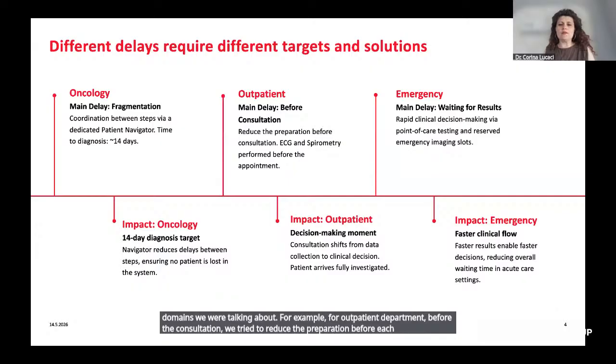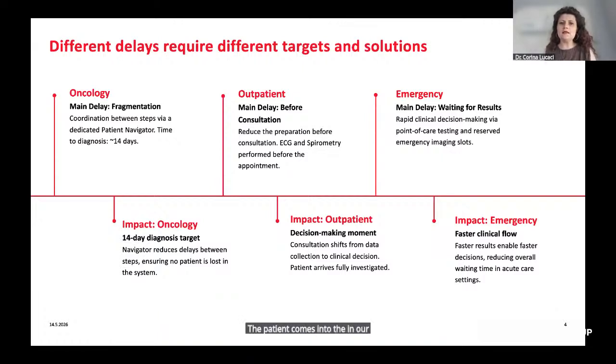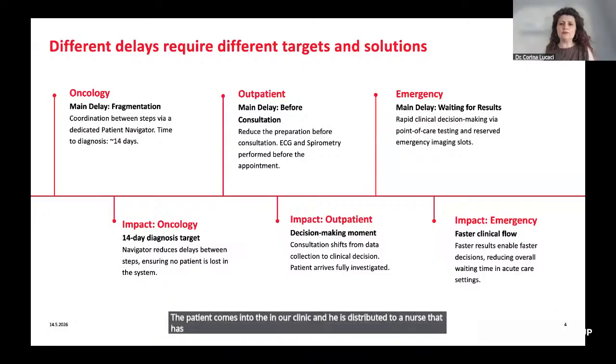So the EKG and the spirometry are performed before the appointment. The patient comes into our clinic, and he is directed to a nurse who has to perform these investigations, and after that he goes to the doctor.